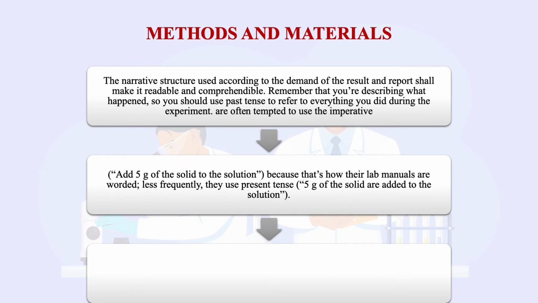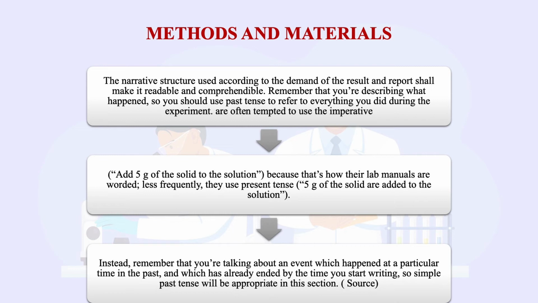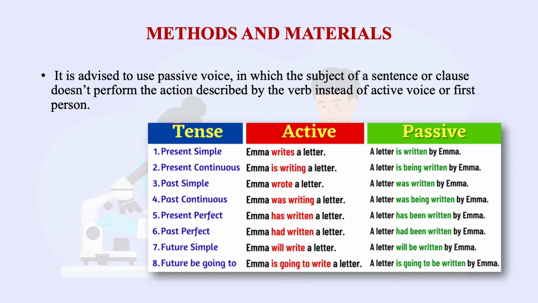Although people are tempted to use the imperative because that is how maybe the lab manuals are worded, and they frequently use the present tense, instead, remember that you are talking about an event which happened at a particular time in the past and which has already ended by the time you start writing. So simple past tense will be appropriate in this section.